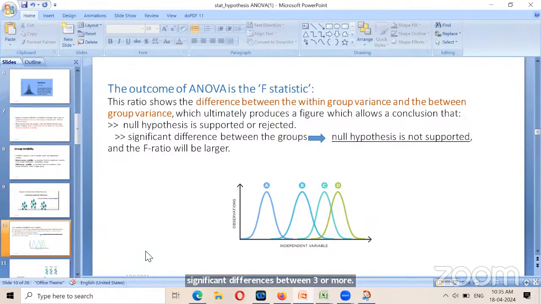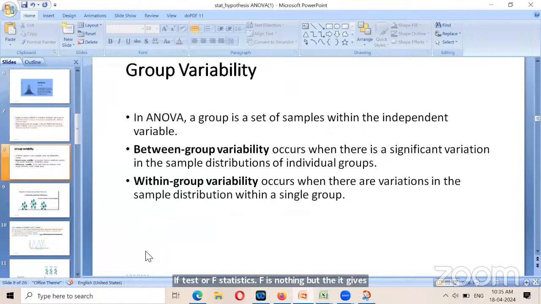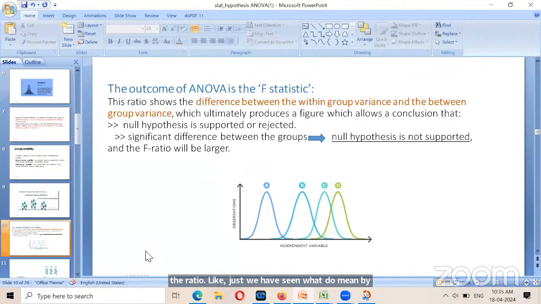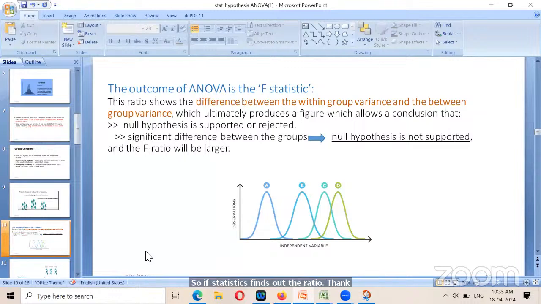Next, the outcome of ANOVA is the F statistics. It is also called the F test that we have seen. Why is it called the F stat? F is nothing but the ratio. Just as we have seen what group variability means, F statistics finds the ratio of group variability between the group and within the group.